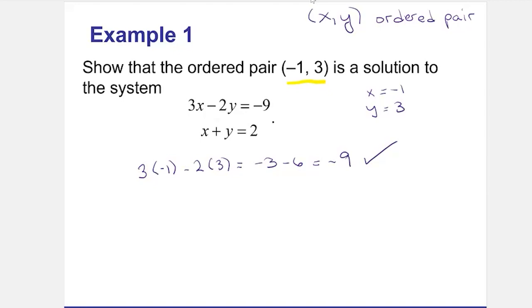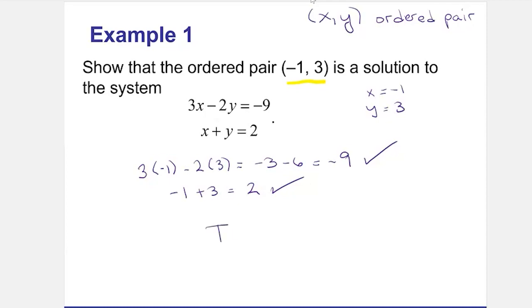So it works for that one equation. Now let's plug it into the second one. So we have -1 plus 3 equals, well, that equals 2, check. So now all we're doing is saying, yes, this ordered pair is a solution to both equations.